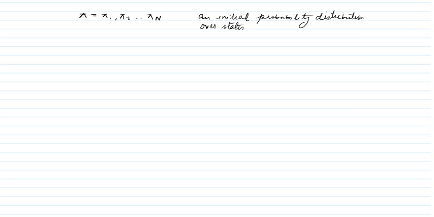So we can have some initial settings that each of these states will have this particular initial probability for starting. So pi i is the probability that the Markov chain will start in state i. Some states may also have a starting probability of 0.